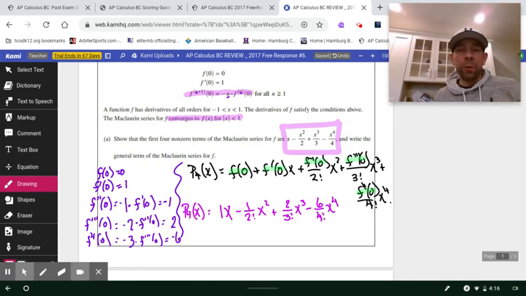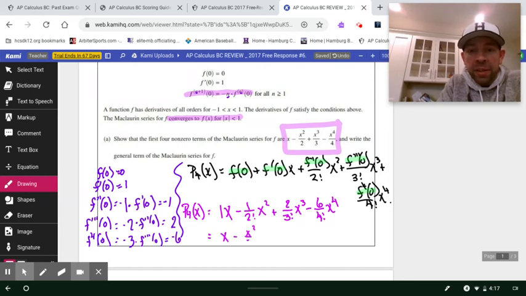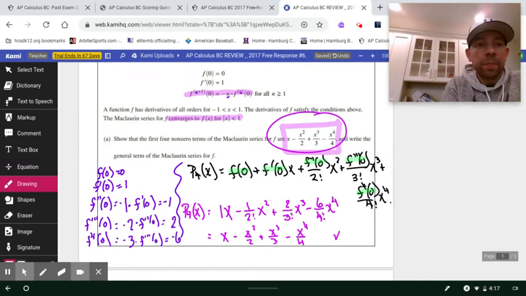Now, normally I wouldn't emphasize or even encourage you to worry about cleaning up those coefficients, but I do want to simplify them in this case to prove that this answer is equivalent to the polynomial they gave me at the beginning up here. And I think we're all set there.